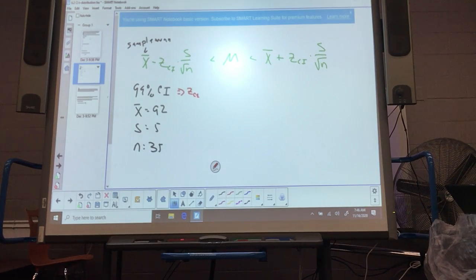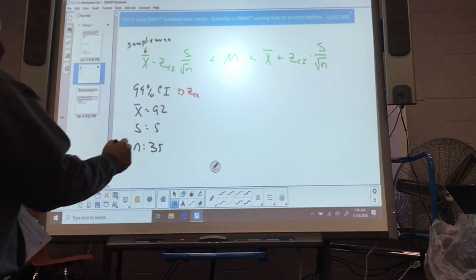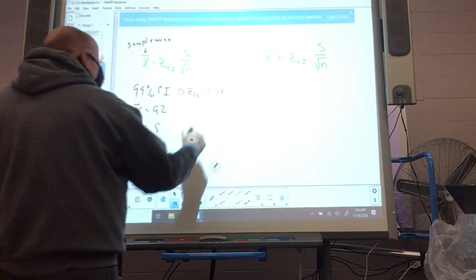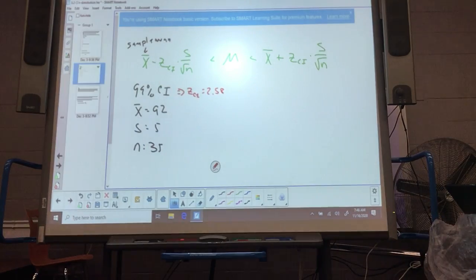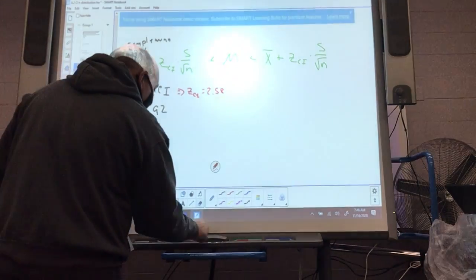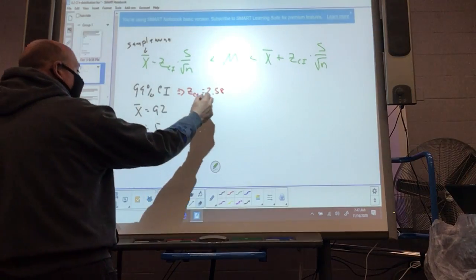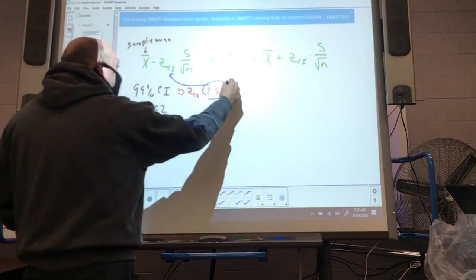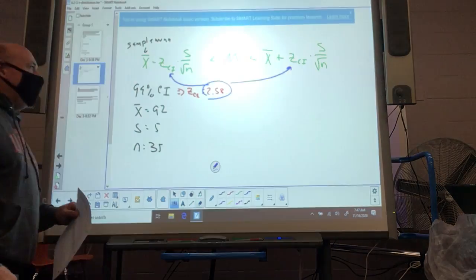No, the z value for that confidence interval. 2.58. So dealing with a 99% confidence interval, this is our z value. This is the value we're putting in for our z.